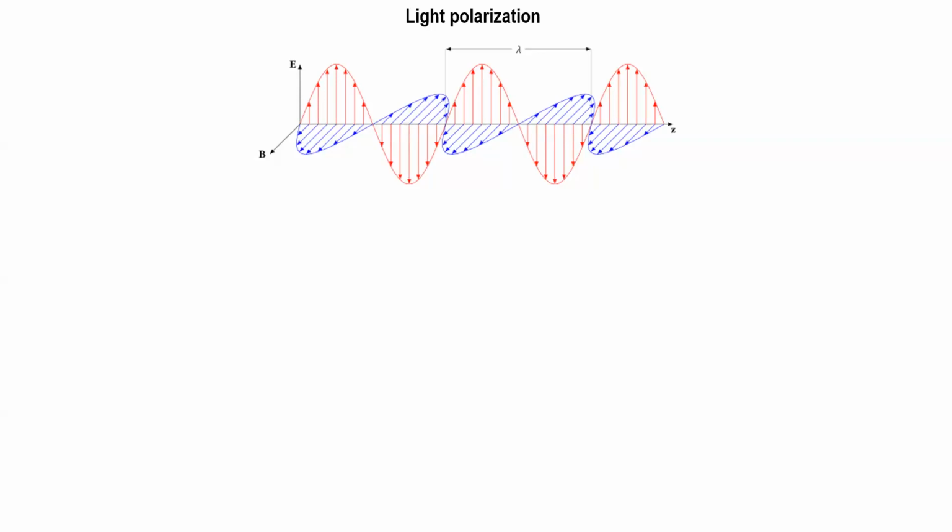So as you know, light consists of photons, and photons are vector particles, and they have polarization, right? So by polarization we mean the orientation of the plane in which the electric field oscillates.